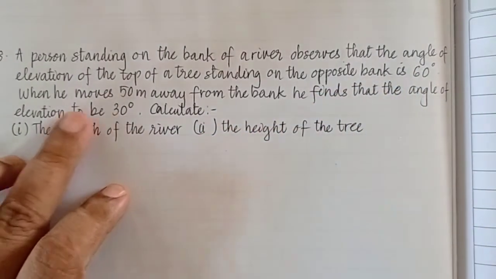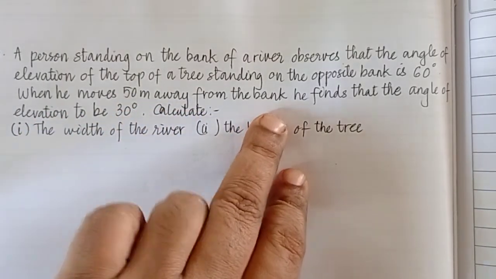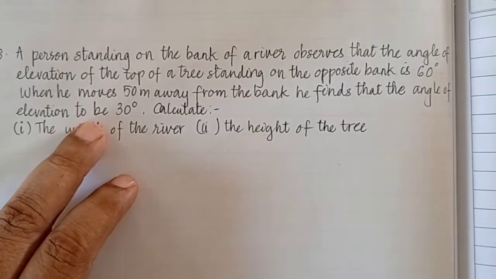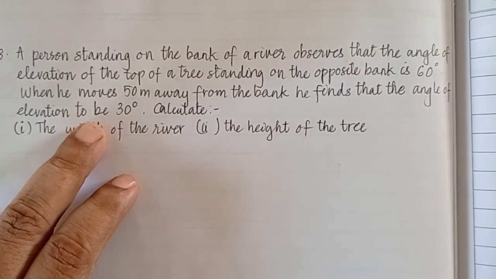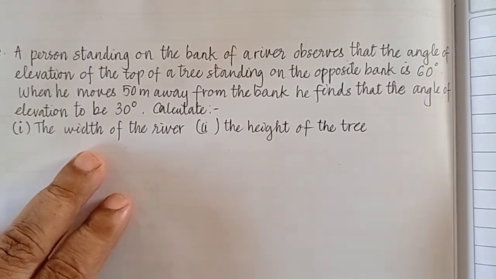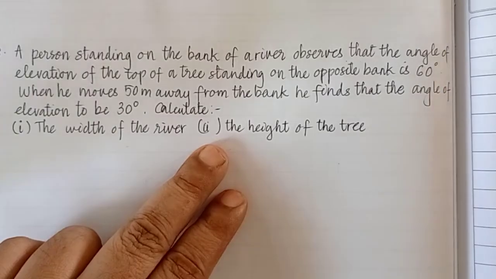Understand? When he moves 50 meters away from the bank, he finds that the angle of elevation to be 30 degree. Calculate the width of the river and the height of the tree.